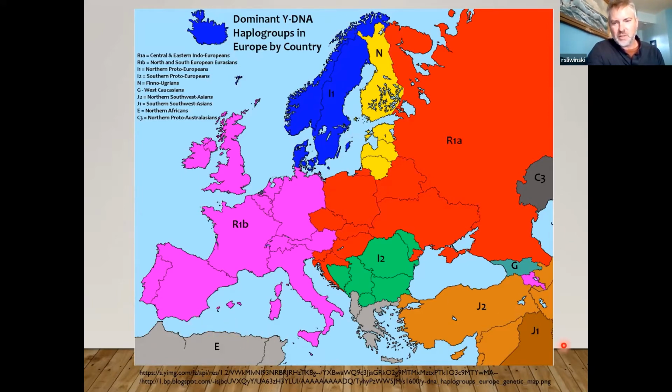J2 and J1 are the groups down in the Middle East. G is a smaller group that is in the Caucasus of southern Russia. And then we have C3, which is more of an Asian group as well. But this gives you an idea of the areas in Europe. Now, as I showed you on the global map before, I belong to the R1A group.